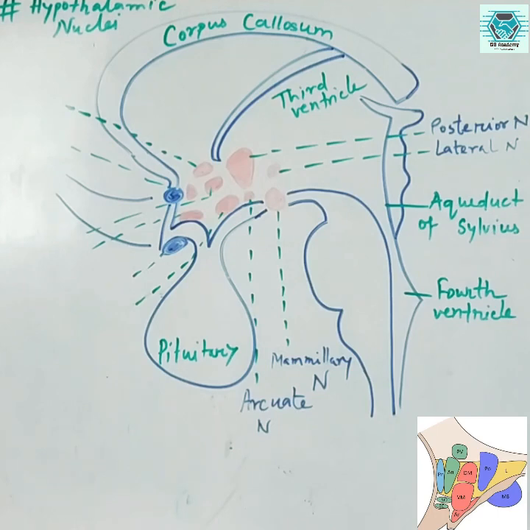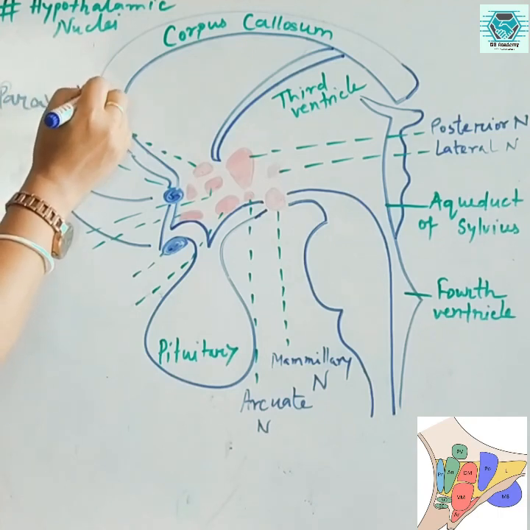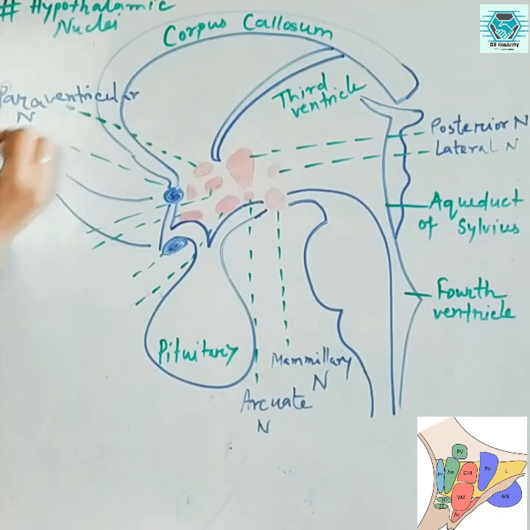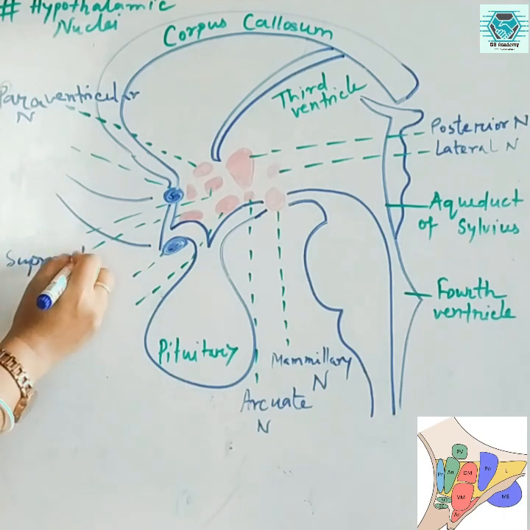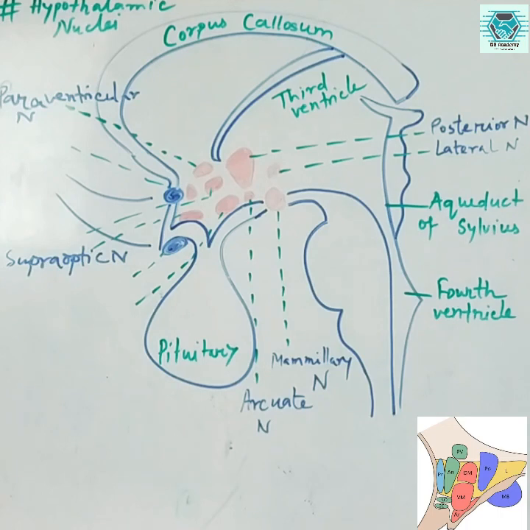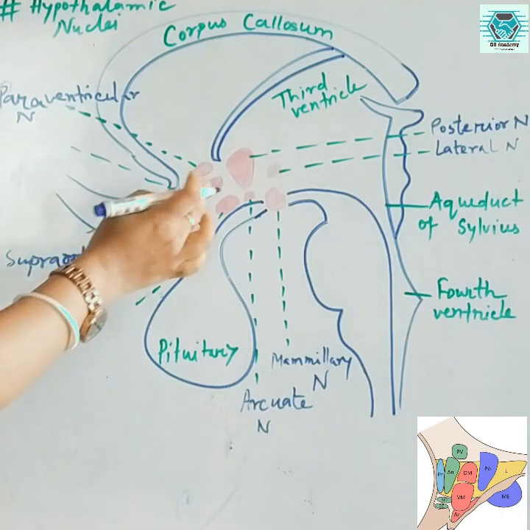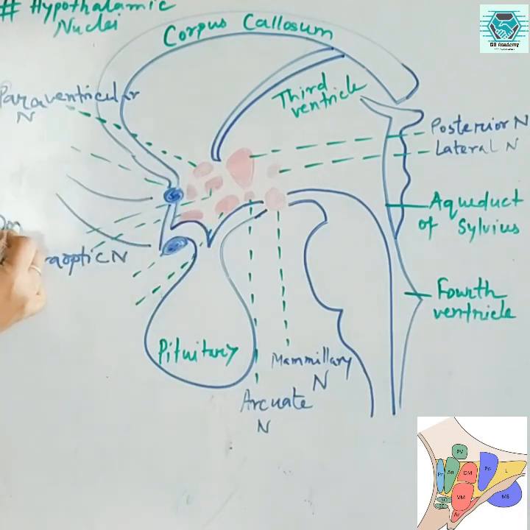First of all, this one is ventricular nuclei. This is supraoptic nuclei. This one is dorsomedial.